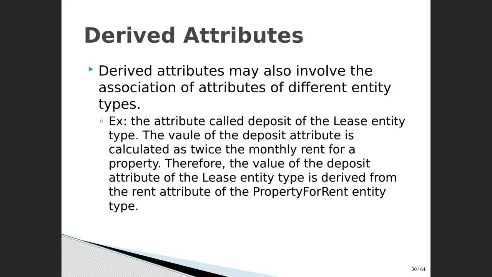There is a value of the deposit. It's calculated as twice the monthly rent. But it will be also derived from the rent attribute. So it takes from 2 entity types. Sometimes the derived attribute will be calculated based on 2 different entity types.